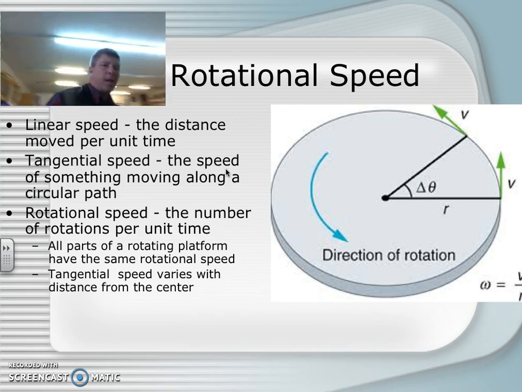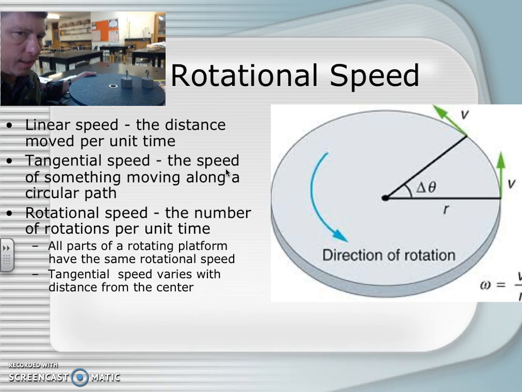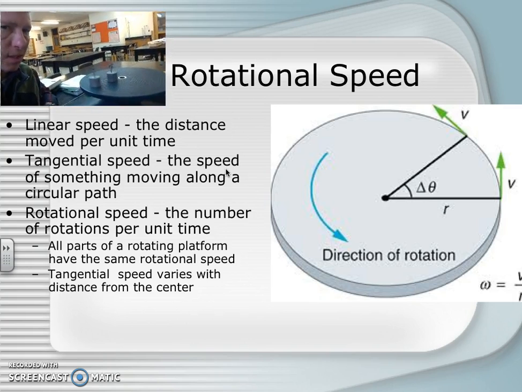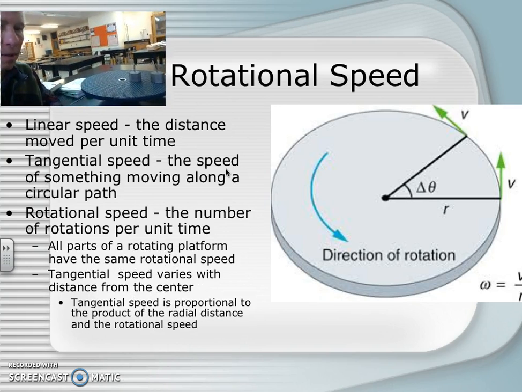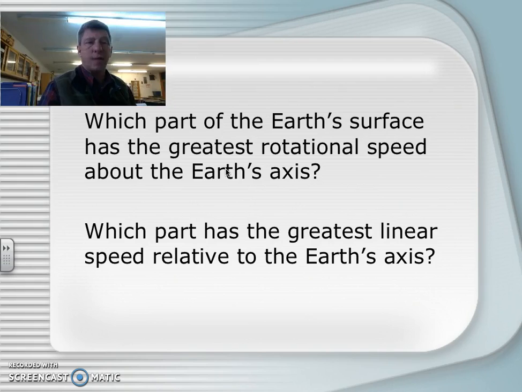For example, if you look at the turntable here on the desk, I've got to hold my laptop here, so it's a little screwy, but notice that both of these masses spin around the same circle in the same period of time, and therefore they have the same rotational speed, even though the one that's closer to the center has a smaller tangential speed. The tangential speed is proportional to the product of the radial distance, in other words the radius, and the rotational speed.